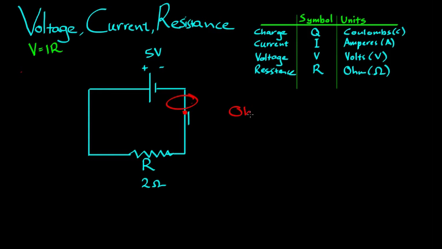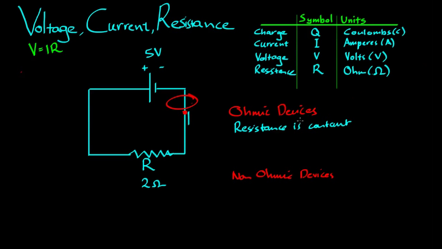We have ohmic devices and non-ohmic devices. And ohmic devices basically have a constant resistance. So resistance is constant. So if I were to graph, I'll rearrange this formula first of all.